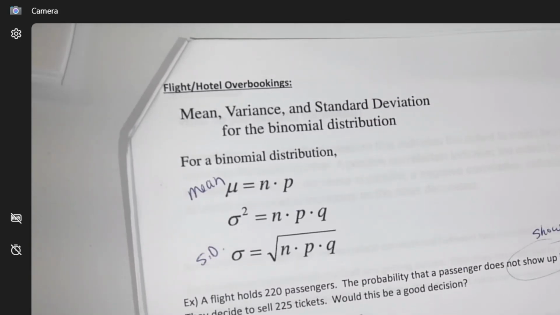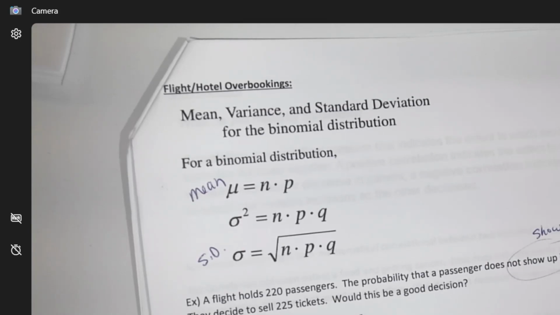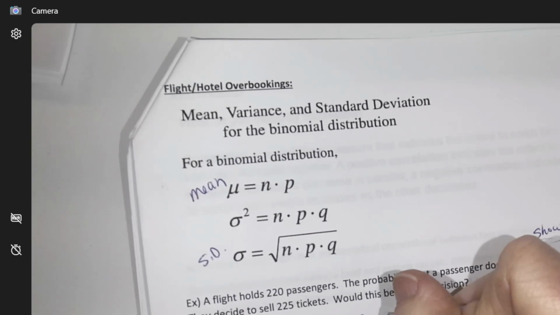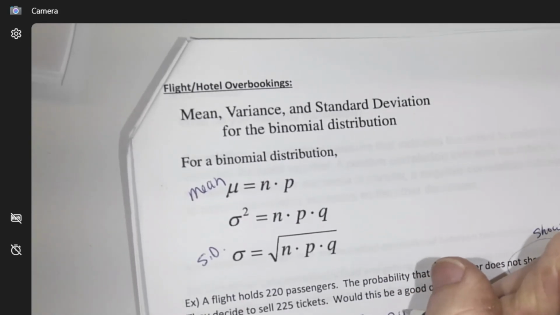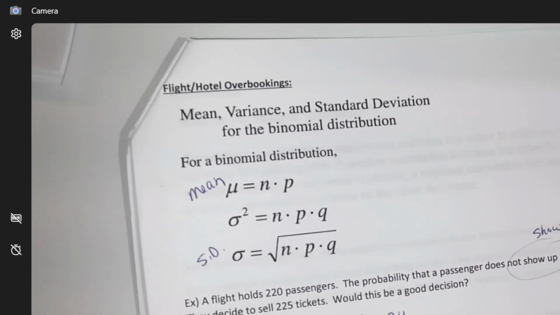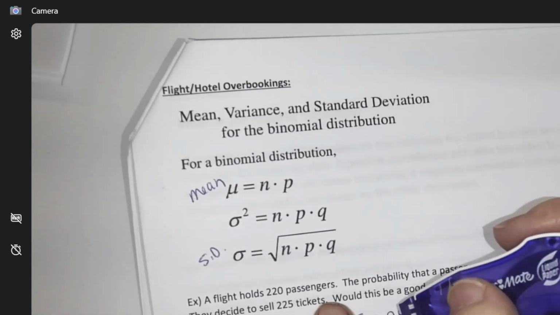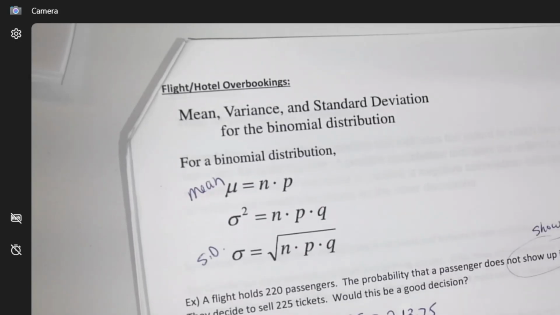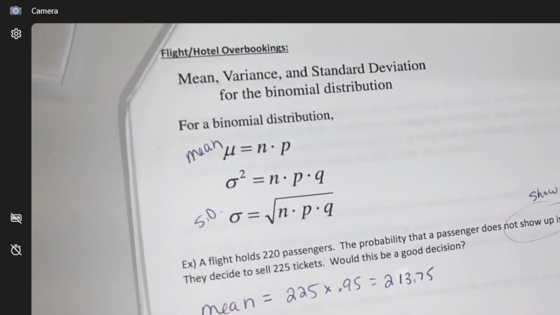This is just how many people you expect to come. If you sell 225 and 95% of those people come, you're going to expect almost 214 people to come to the flight, which would be good, right?